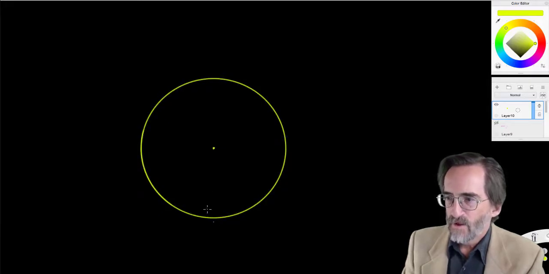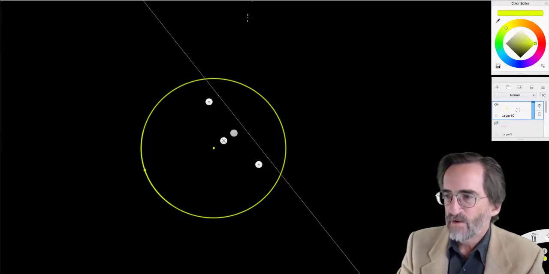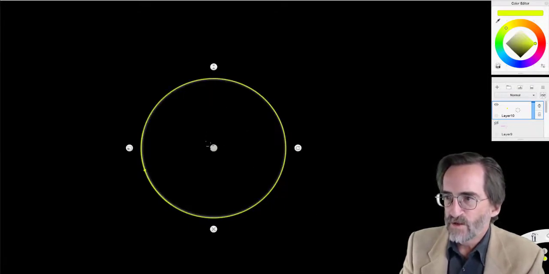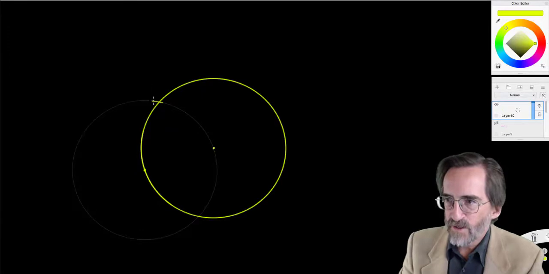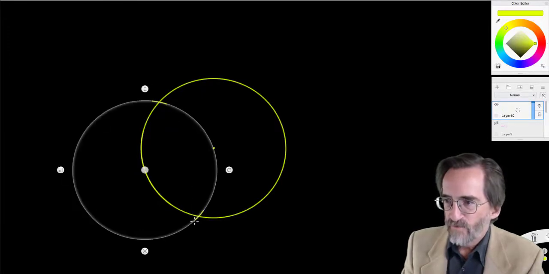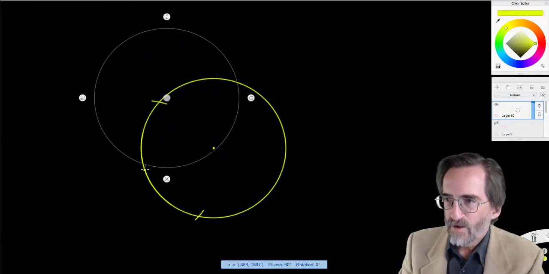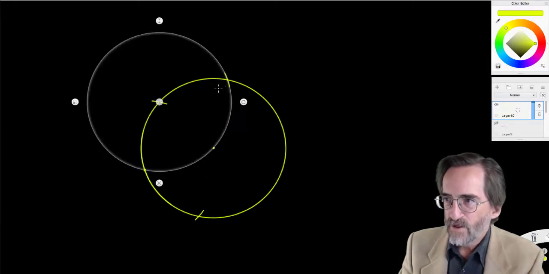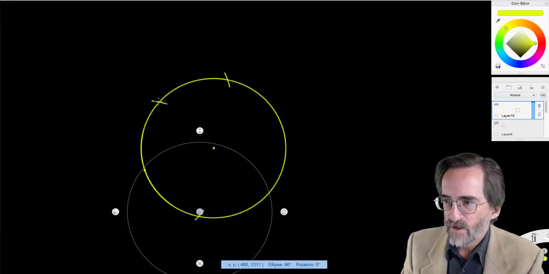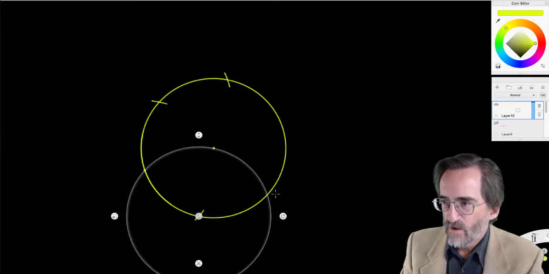Now I'm going to pick some point on the circle. Any point on the circle will do. And I'm going to measure a radius in both directions from there. And then I'm going to continue around, measuring off equal radii.